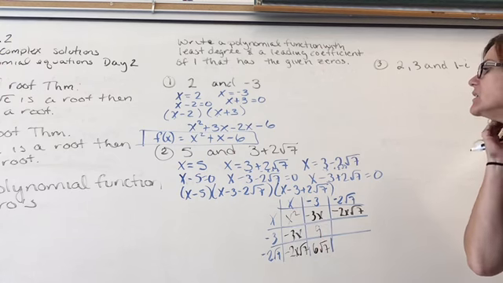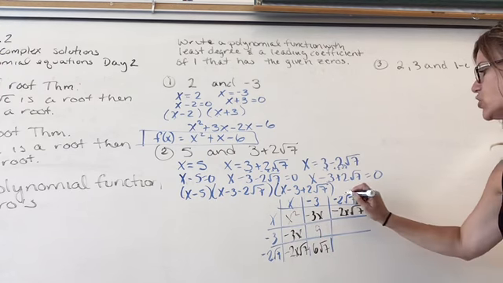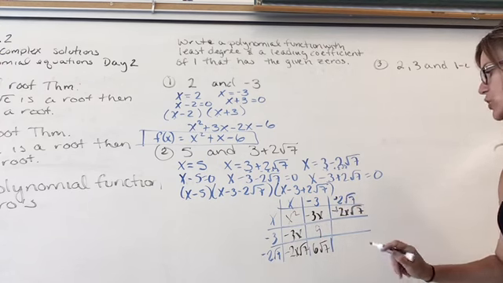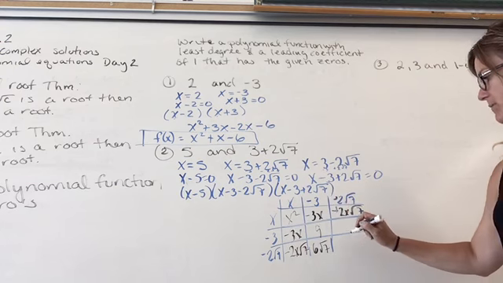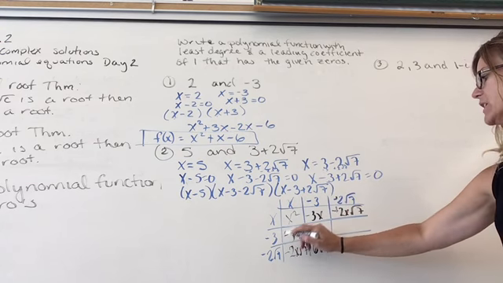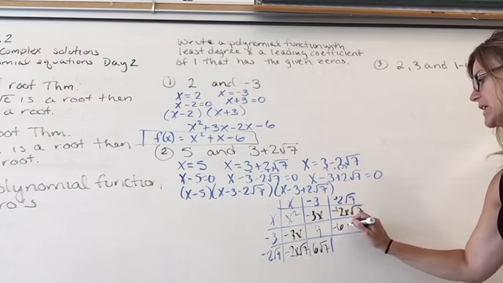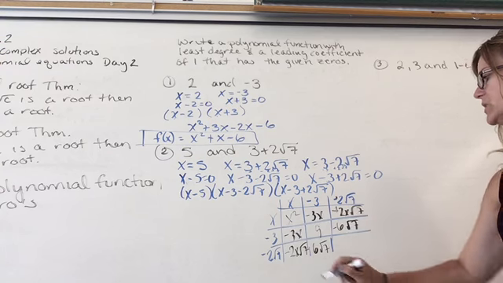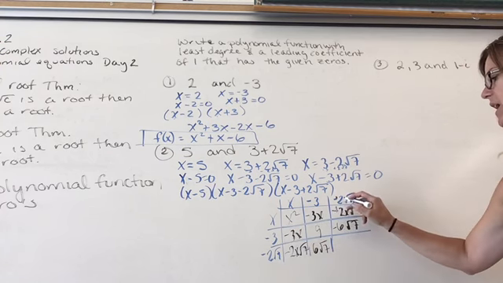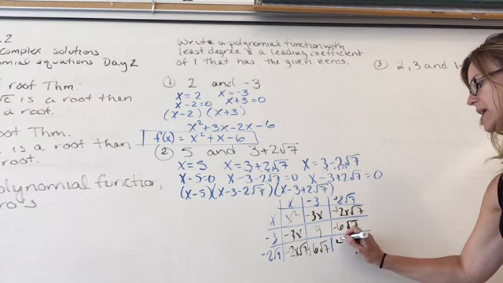And let's see. Oh, wait, sorry. This should be a plus 2x because remember it's a positive there. My mistake. Here, this would be a negative 6 square roots of 7. And then negative times a positive 2, that's a negative 4.